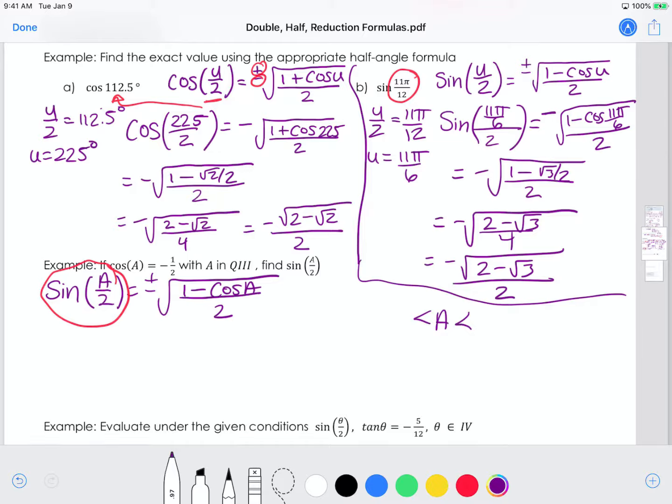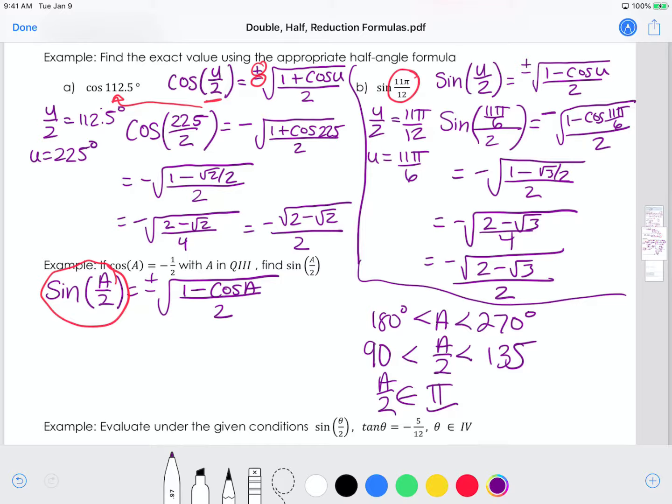Angle A is in quadrant 3. That means angle A has to be between 180 degrees and 270 degrees. If I divide that whole compound inequality by 2, I get that angle A over 2 is between 90 and 135, which means angle A over 2 has got to be in quadrant 2.